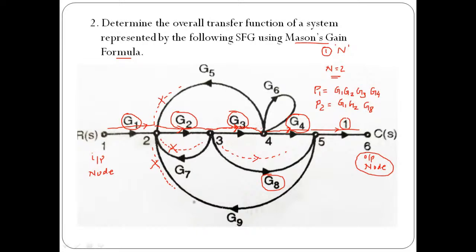Once you are done with this, let us identify how many loops there are, and then identify, out of those loops, how many are non-touching: pairs of two non-touching loops, three non-touching loops, and self loops.